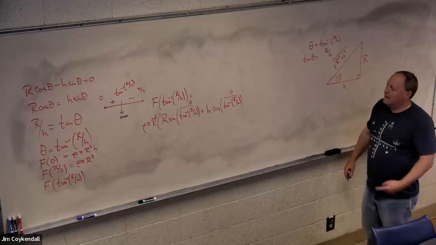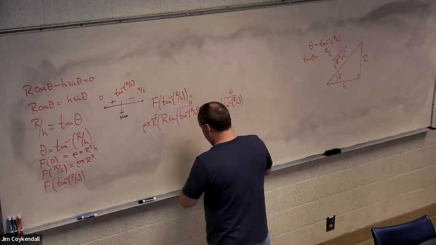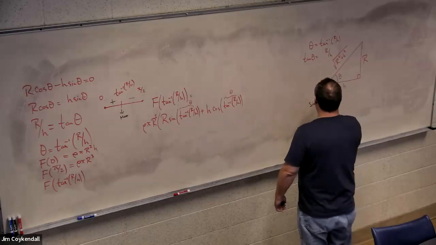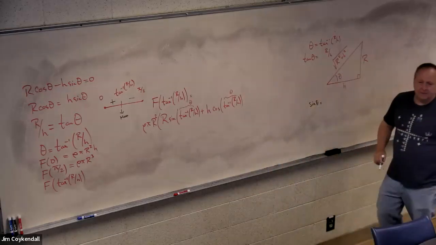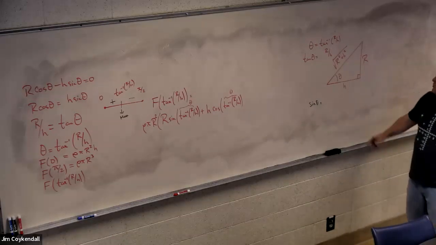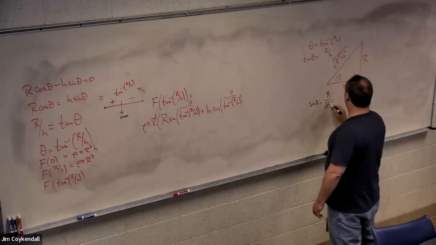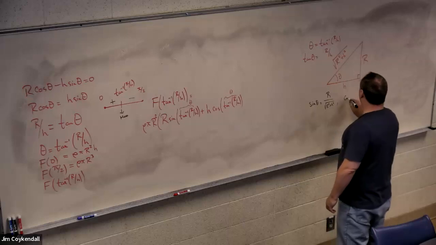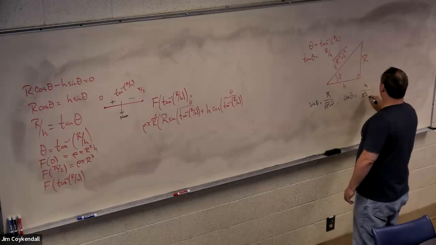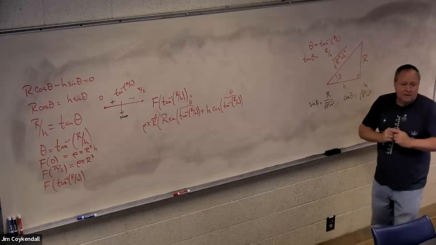Okay. Now let's go back and see what we want. Really, what we want is sine theta and cosine theta. Can you read that triangle and tell me what sine theta is? So it's r over the square root of r squared plus h squared. And the cosine of theta is h over the square root of r squared plus h squared.